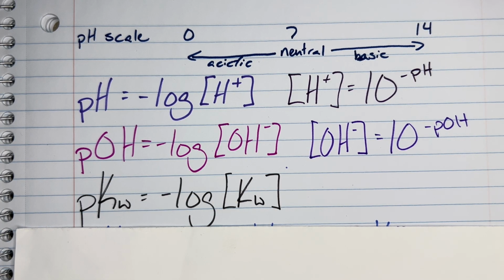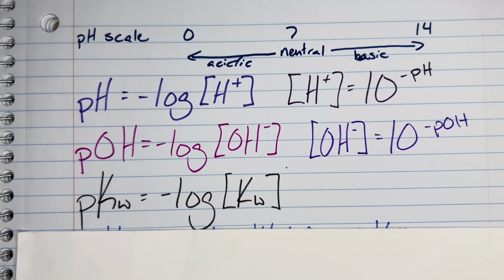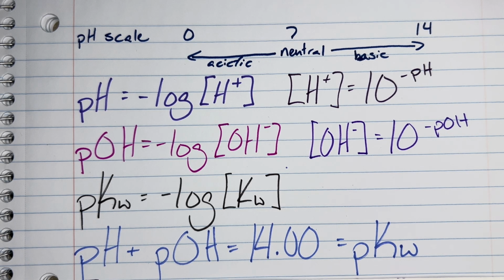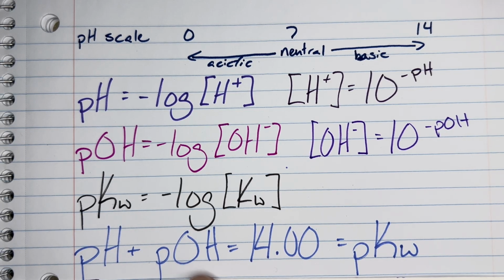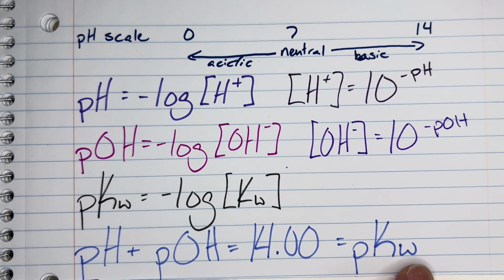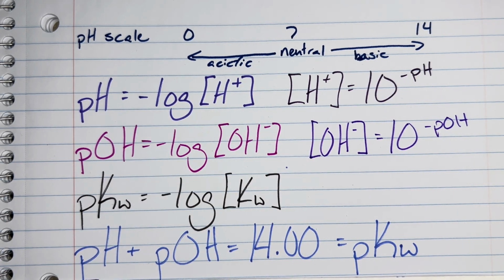And we also have that pKw is going to be equal to negative log of Kw. And that all is added together. So pH plus pOH is going to give me 14, and that is the pKw. Okay, so if you have any of these values, you can find any of the other ones based off of this understanding here.